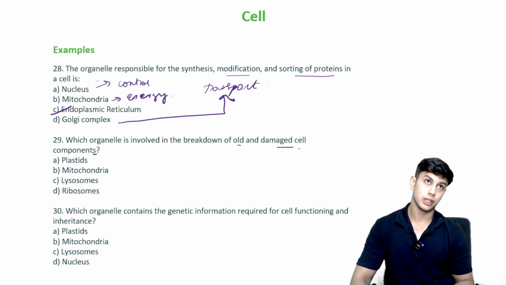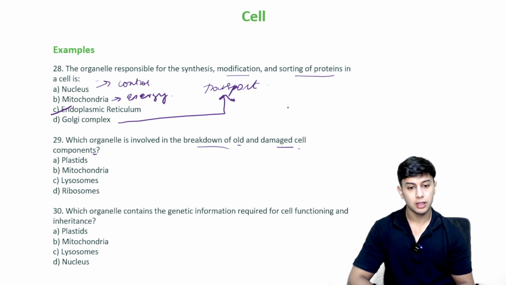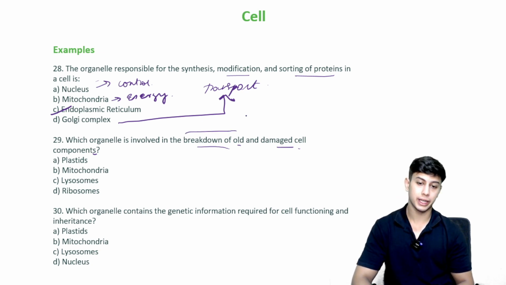Which organelle is involved in the breakdown of old and damaged cell components? For example, we have nails, which are just dead skin, and a lot of things become old and break down in a cell, like we shed some skin. The human body also sheds skin, and every living thing goes through breakdowns.